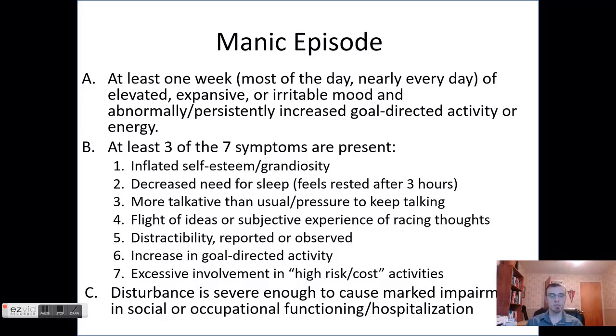Increase in goal-directed activity. This can be anything, but you'll see many people in manic episodes suddenly take on a very expressive and passionate interest in a new activity. Strangely enough, one of the most common things I've actually seen among individuals in manic episodes has been aquariums, actually, like putting a lot of work into some kind of home project like an aquarium.